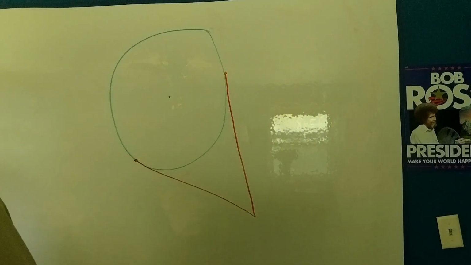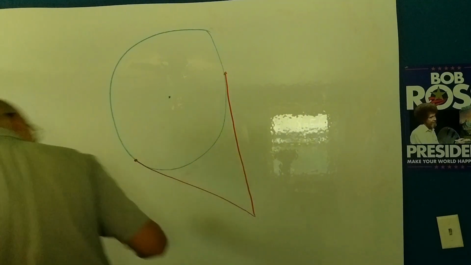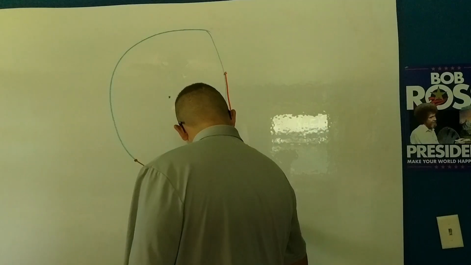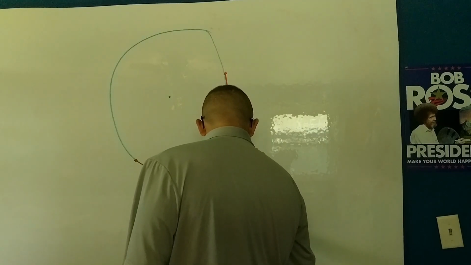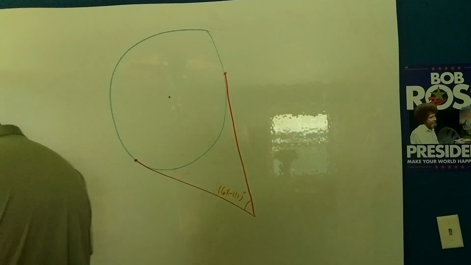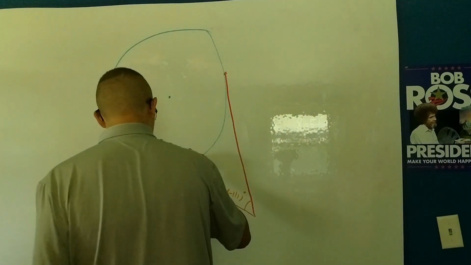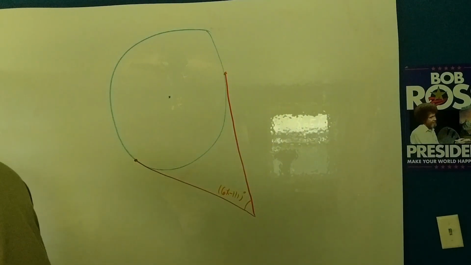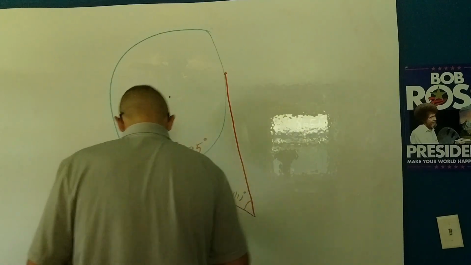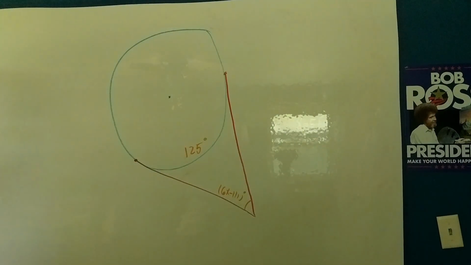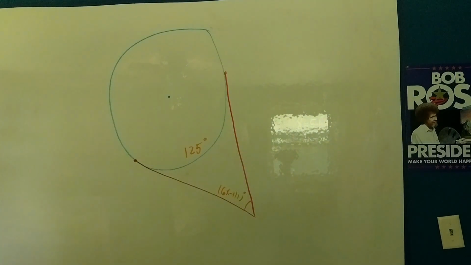And I tell you that this is 6x minus 111 degrees, and that this is 125 degrees. Oh, wrong thing. This is 125 degrees, and I want you to solve for x. So if you pause it, try to work it out.